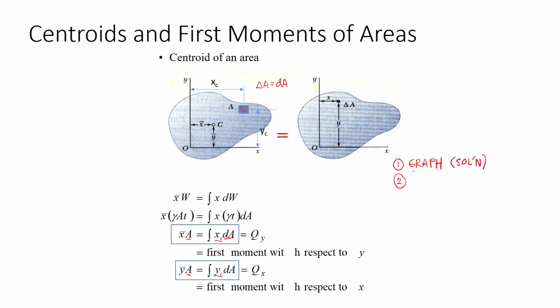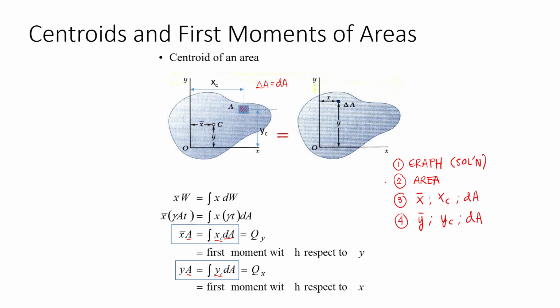And then next we solve for the area. You'll be needing the concept again of vertical strip and horizontal strip. And after solving for the area, this is the time that we solve for bar x and bar y. In solving for bar x, we determine x sub c first, and then the differential area. And for bar y, we determine y sub c first, and then the differential area.